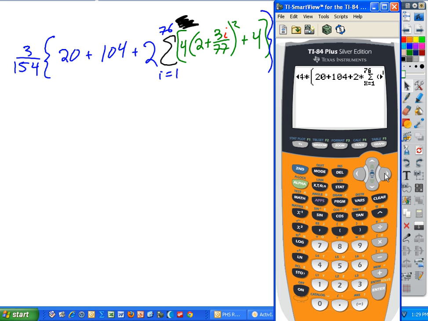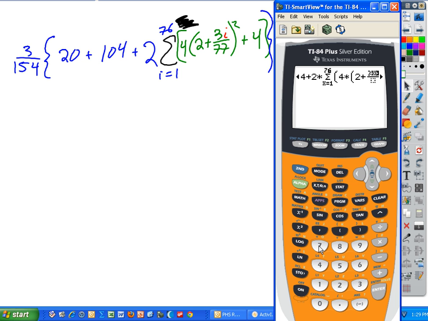Okay, so then we're going to go 4 times the quantity, 2 plus, alpha, the little fraction, 3 X divided by 77. Now I got to close that little quantity and square it.